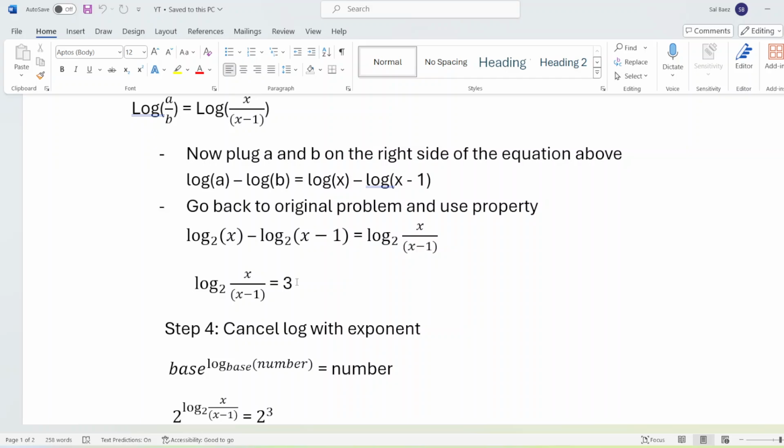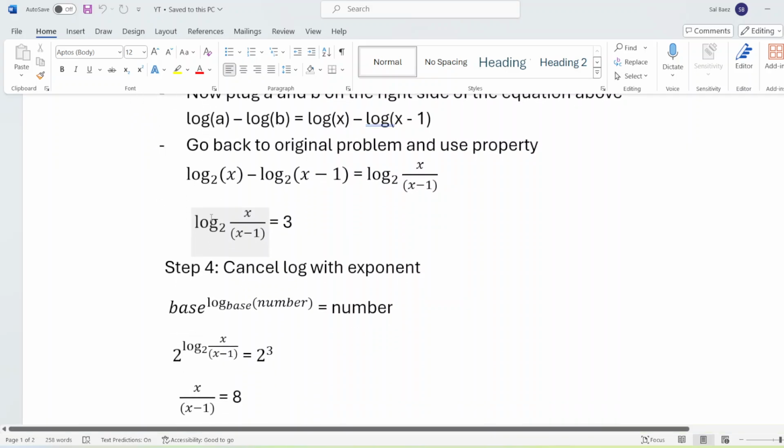That fraction, and it's over 3. But the problem is you don't want to forget about the log squared. That's why I say it's kind of simpler to look at it. I hope that was clear. The log squared x over x minus 1 equals 3.